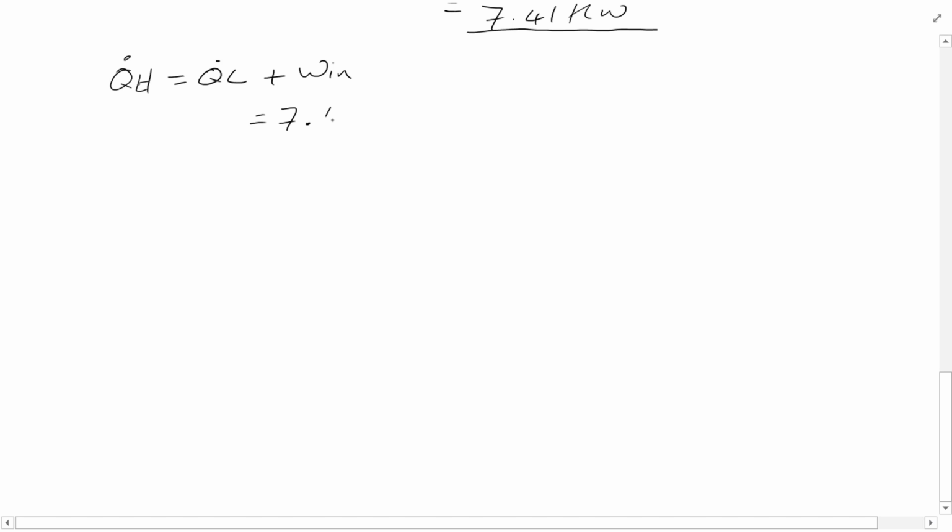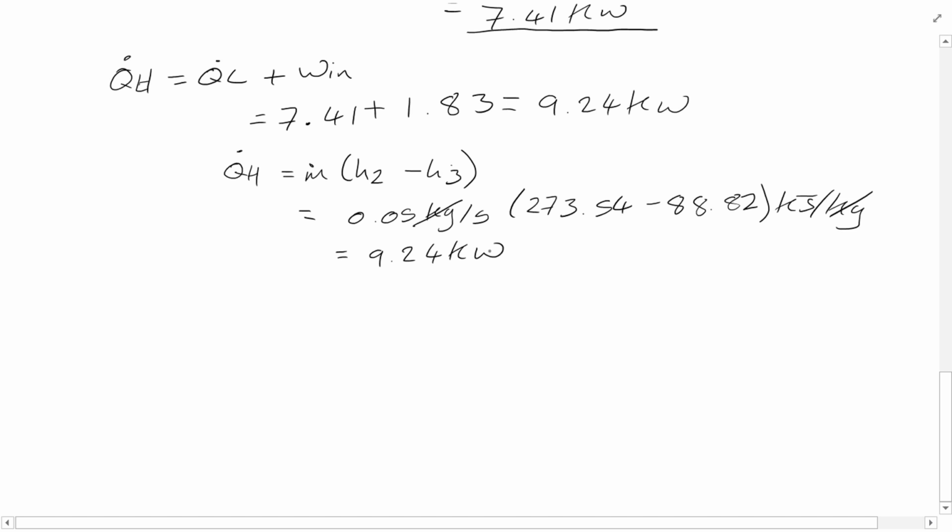Simply what we've previously calculated, 7.41 plus 1.83, which is equal to 9.24 kilowatts. Note that QH can also be calculated directly, but since we already found those two values, it was easier just to add them. Had you not done that, you could have quite easily used the direct equation, and you'll see that you get the same answer.